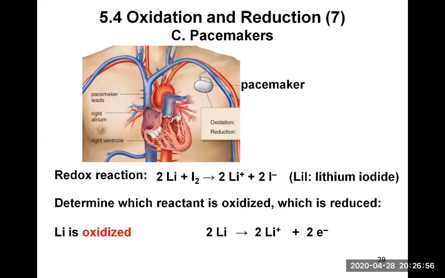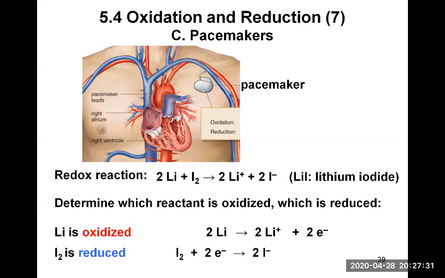And so those electrons will be grabbed by iodine. Iodine will be reduced and grab those electrons. And a bit like oxygen earlier, iodine in its elemental state is a diatomic molecule made of 2 iodine atoms. It will be split into 2 single iodine atoms, and they will each gain an electron, and so they become the iodide ions.